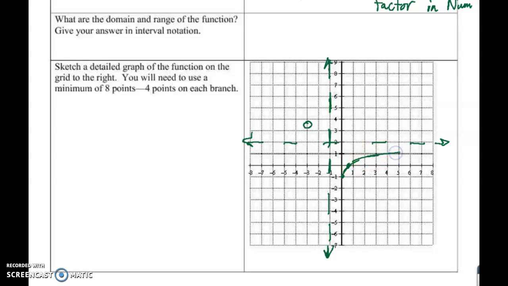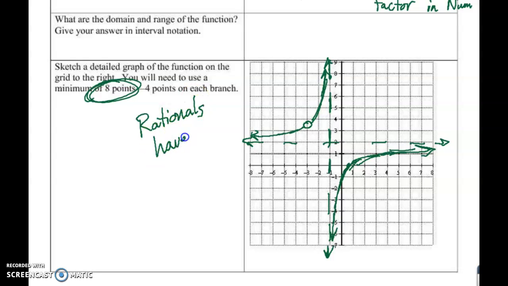Another math teacher might require you to graph like 8 points. I've seen, yep, here it is, using 8 points. I'm not going to get that obnoxious with you guys. I just want to see that you understand the behavior of a rational function. So rational functions have this behavior. And now it's easier to go back and do the domain and range.